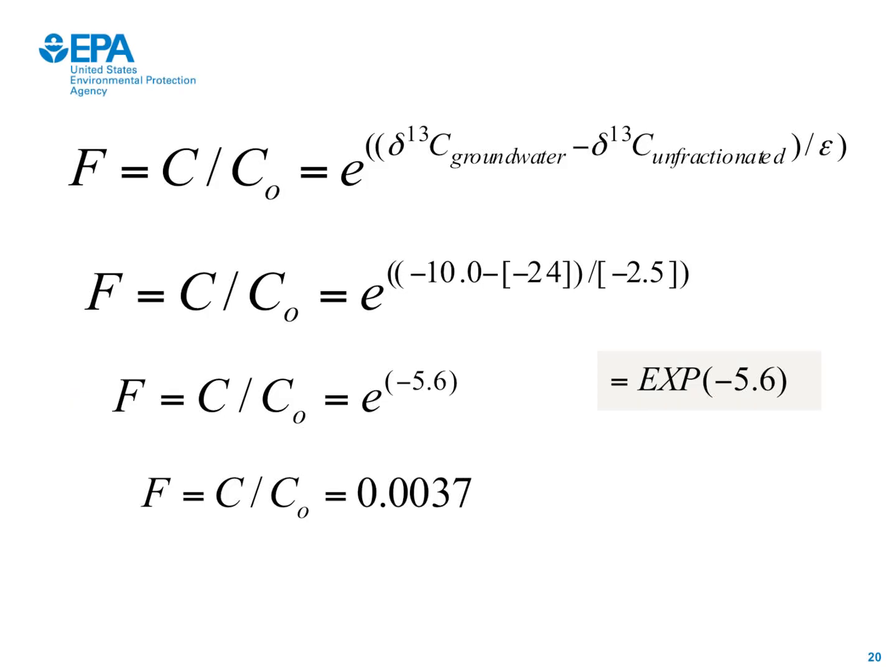Simplifying, it's going to be e to the -5.6. I know as large as the group is, there's at least one person out there that doesn't know how to solve that equation. So for that one person, if you go into a spreadsheet such as Excel, enter the equation equal to exp parenthesis -5.6, and then press enter, it'll solve it, and it turns out that C over C naught is 0.0037. In other words, more than 99% of it is gone, with that particular value of epsilon. Next slide.